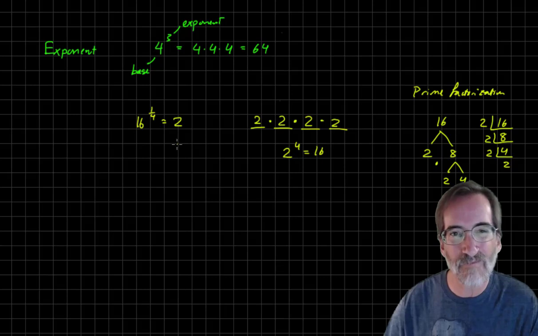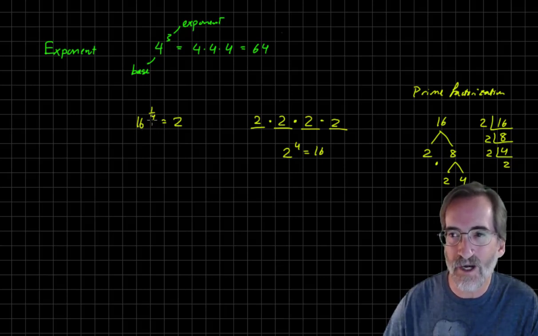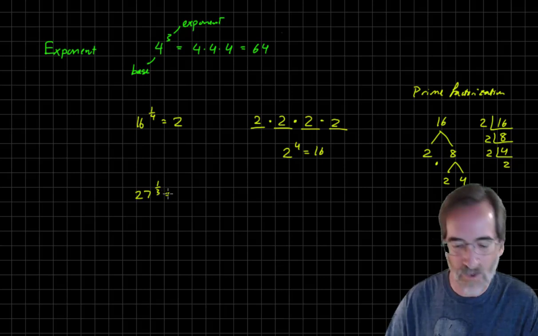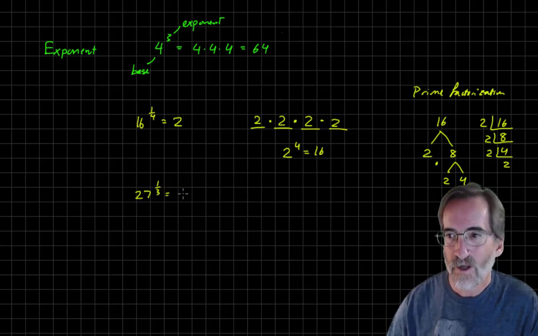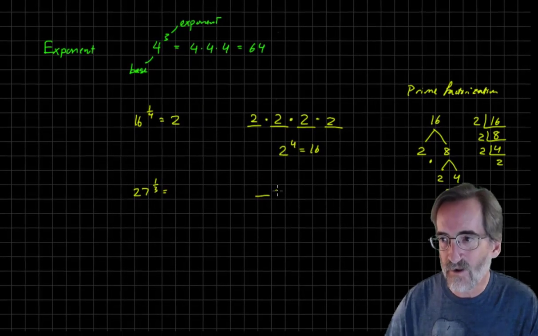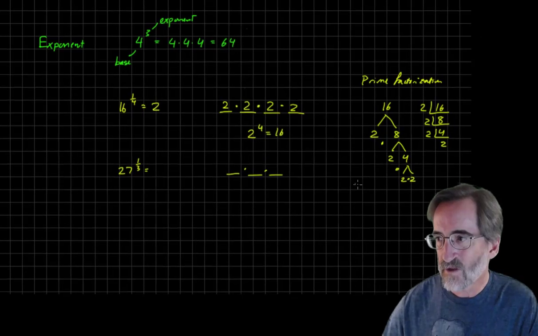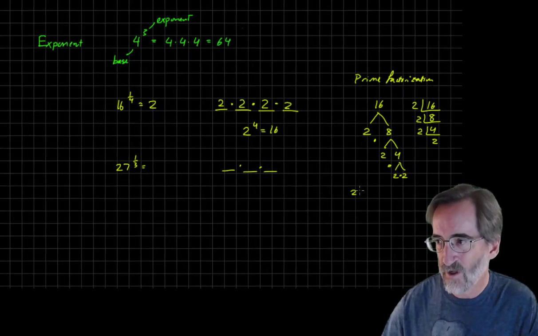Do you see how it's kind of backwards? What number times itself 4 times makes 16? Let's try another. How about 27 to the 1/3? Think of a number that times itself and times itself again makes 27. I'm going to use the division ladder. 27 divides by 3: 3 times 9. And 9 is 3 times 3.